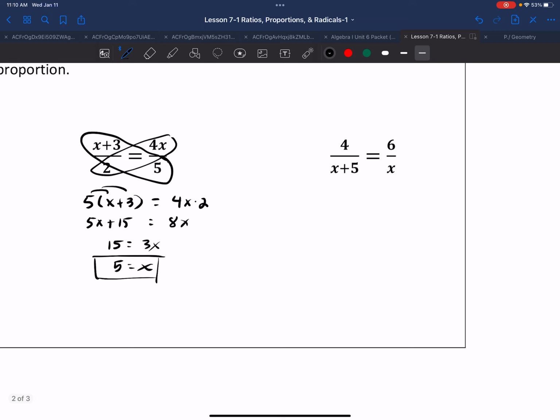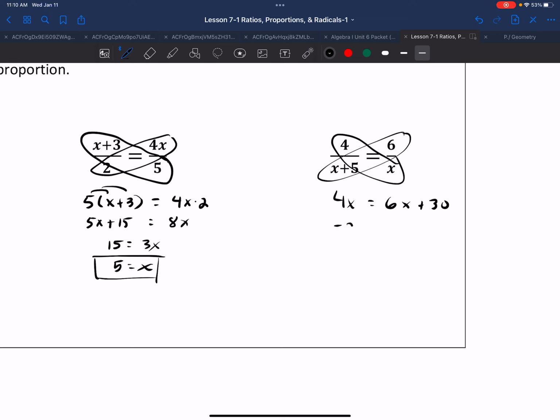If I'm going too fast, make sure to pause and then proceed to the next one. All right, here 4 times x. And here I get what? 6x plus 30, right? I skipped a step there because I know I'm going to use the distributive property. So 6 times x plus 6 times 5, which is 30. Hence, I have that over here. Then I subtract 6x from both sides.